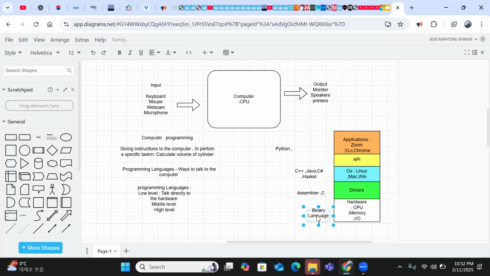The binary language is zeros and ones. It understands a set of zeros and ones. For example, if I want to write a number like maybe 10 or 100, what the computer understands is 1, 0, 0, 1, then 0, 0, 1, 1, 1, 0, then 1, 0, 0, 1, something like that.